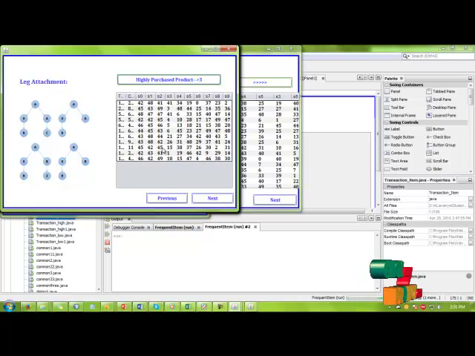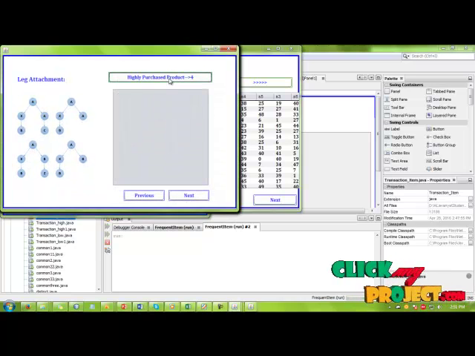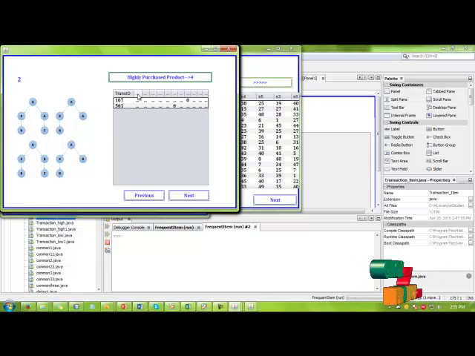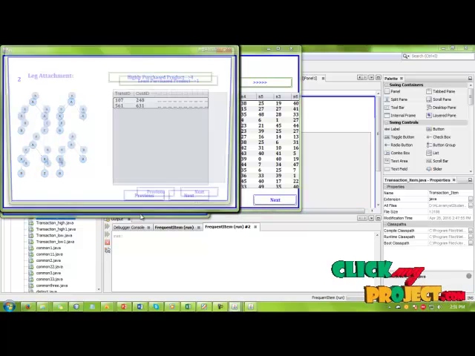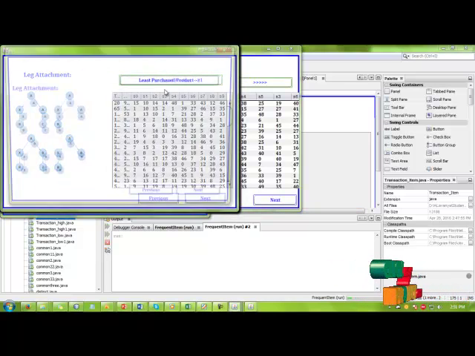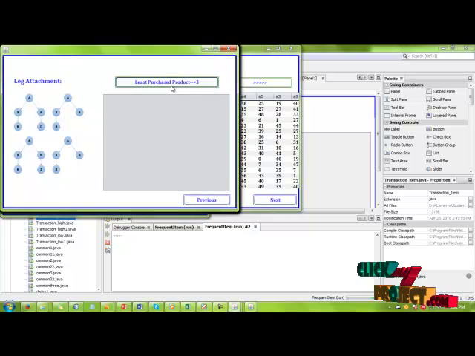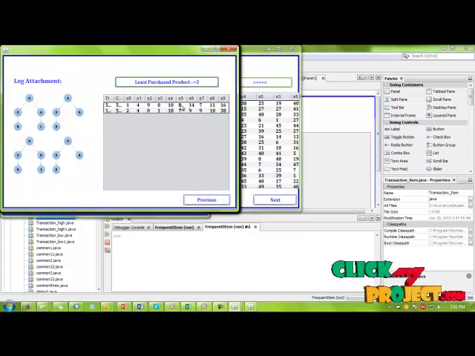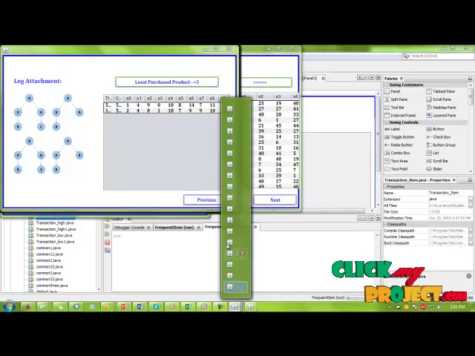Here we filter the maximum highly purchased product. Finally, we filter the highly purchased product. On the least side also, we find out how many of the users are purchasing the least count of products.